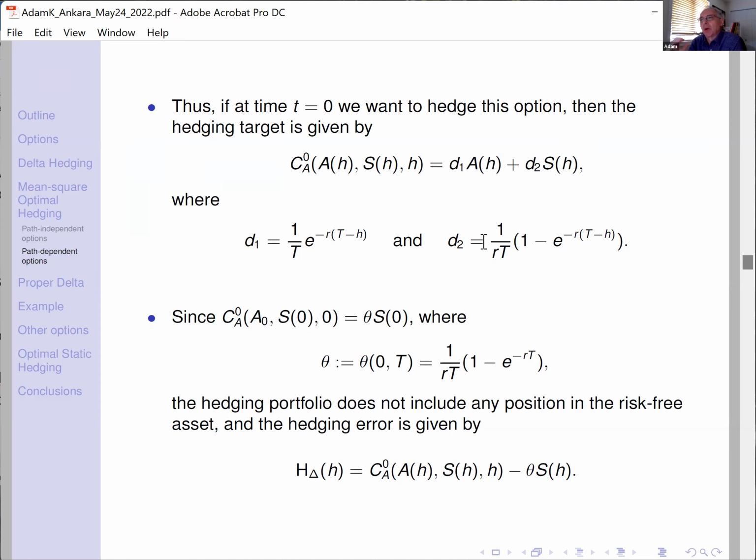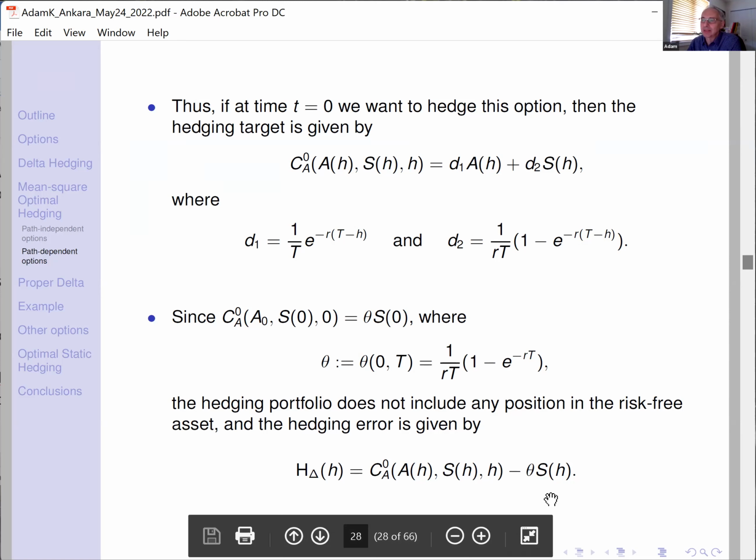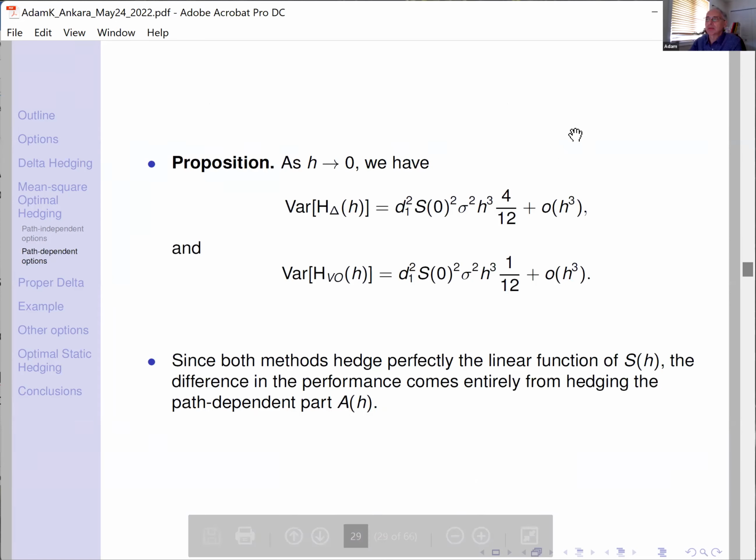So for option that pays arithmetic average based on integral, I can find a representation for the option at any time, and I can also find explicitly the delta. And this means I have a representation for the hedging error. And here is the comparison, how delta hedging compares with the mean square or variance optimal hedging option. So in this case, for hedging, I am using optimal option that depends only on the value of the underlying.